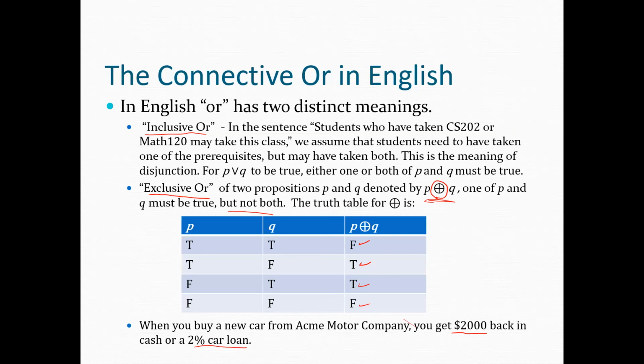So at the same time, both cannot happen. So that is why when we use propositional variables and propositional connectives for this statement, we'll use exclusive or.